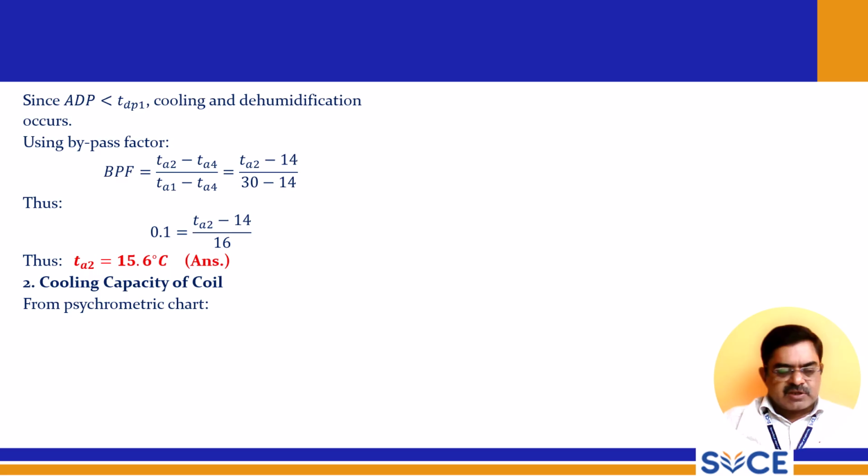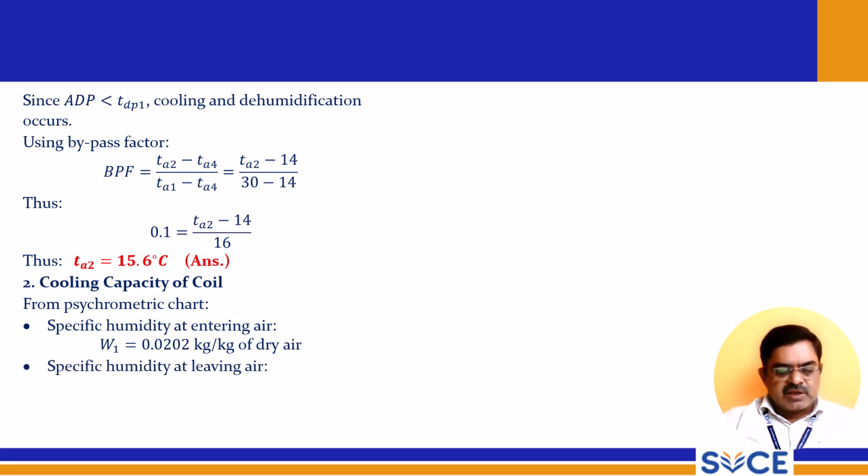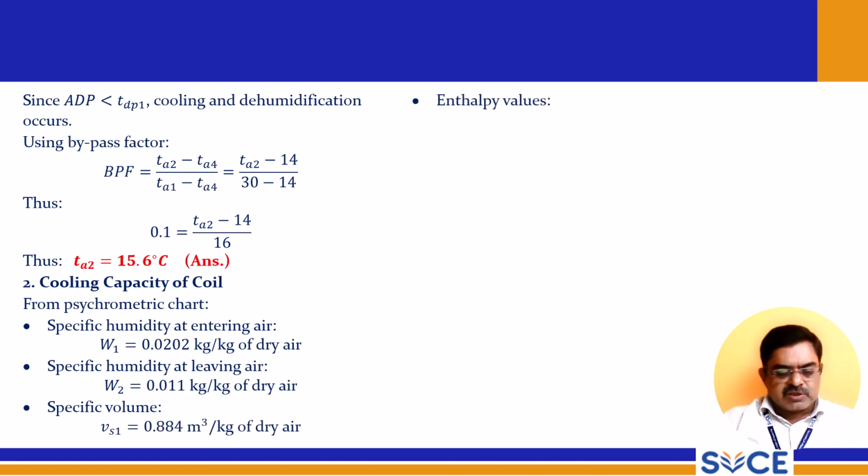So for cooling capacity of coil, from the psychrometric chart, specific humidity at entering point W1 equal to 0.0202 kg per kg of dry air. Specific humidity at leaving air W2 equal to 0.011 kg per kg of dry air. Specific volume Vs1 equal to 0.884 meter cube per kg of dry air.